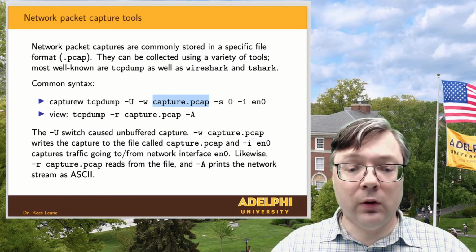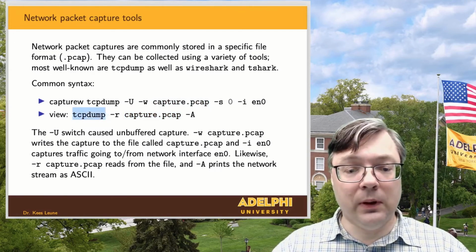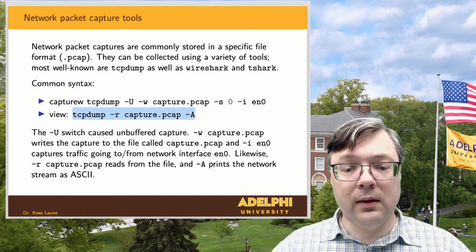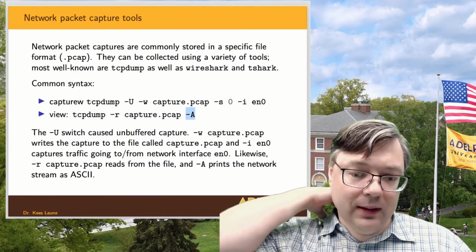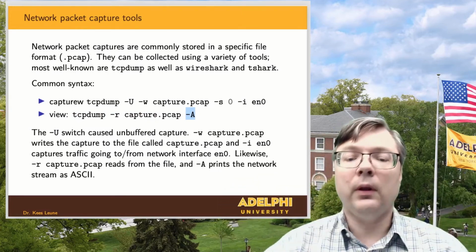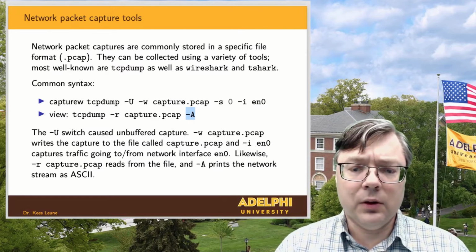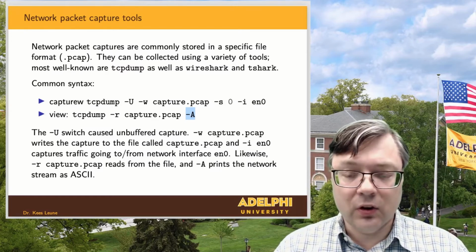Now you have a file called capture.pcap, which you can read using the same tool. Tcpdump, -r for read, name of the file, capture.pcap, followed by -A. A is for ASCII, so it prints the contents of the network packet as plain text. If you're dealing with a lot of binary data, you might want to replace a -A with a -X.